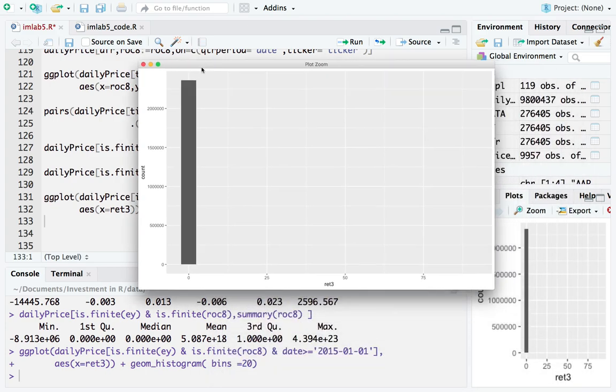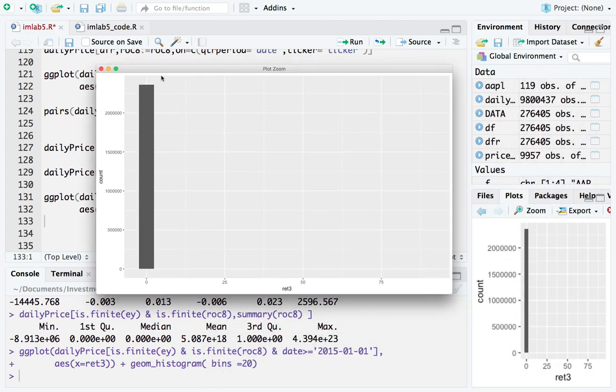I'm looking at the distribution of the 3-day returns where I have discrete values for earnings yield and ROC, and this is now for the last 3 years of our data: 2015, 2016, 2017. So the 3-day returns aggregate around this 0 value, which makes sense. And then we have all the space right here.